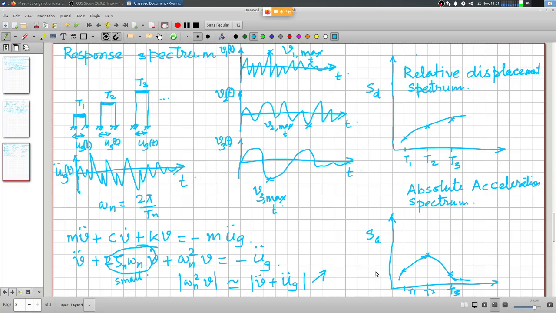Right? So what you are commonly referring to as the peak ground acceleration, that is the most commonly referred to parameter in seismology, strong motion seismology.